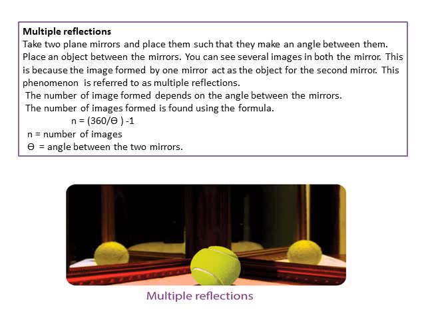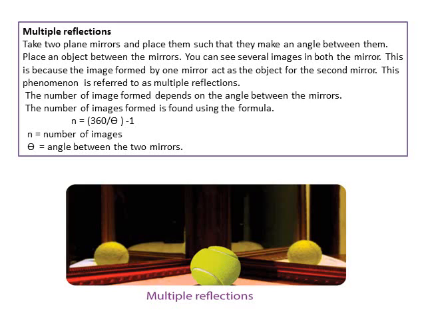Now look into the slide. Take two plane mirrors and place them such that they make an angle between them. Place an object between the mirrors. You can see several images in both the mirrors. This is because the image formed by one mirror acts as the object for the second mirror.